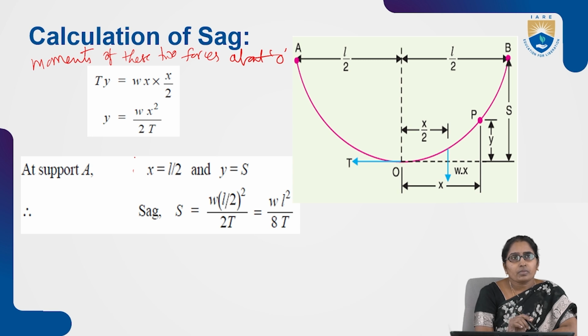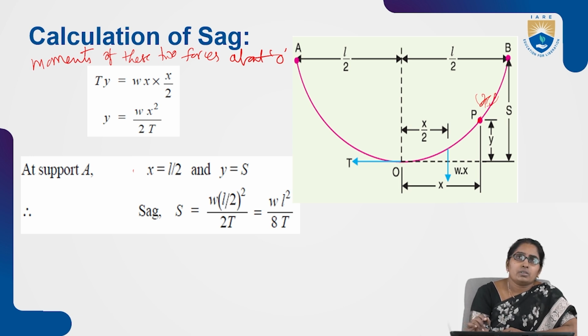Now we want y at point P, that is, the coordinates at point B. Point P is taken along the length of the conductor. Now we want it from the highest point of the tower, because sag is calculated from the highest point of the tower to the lowest point of the conductor. So y, the vertical distance, should be parallel to the actual sag.